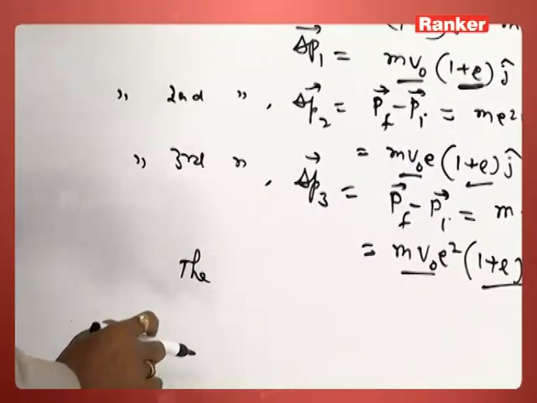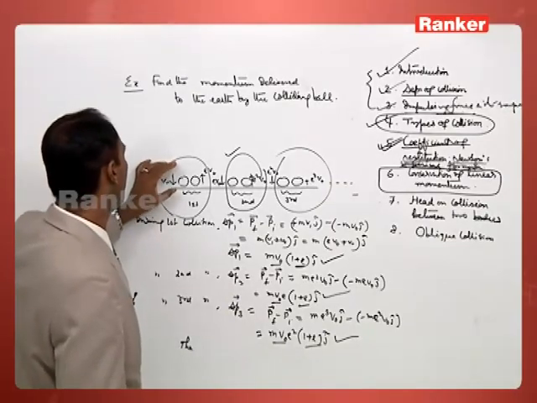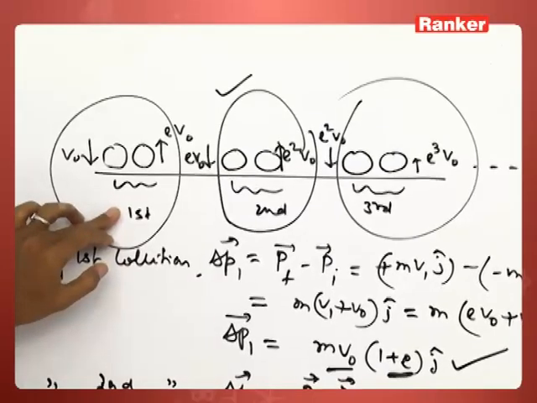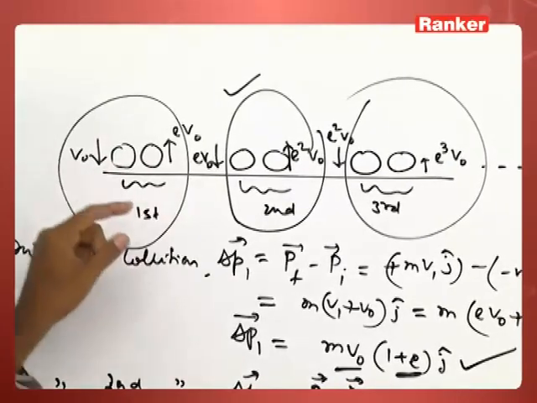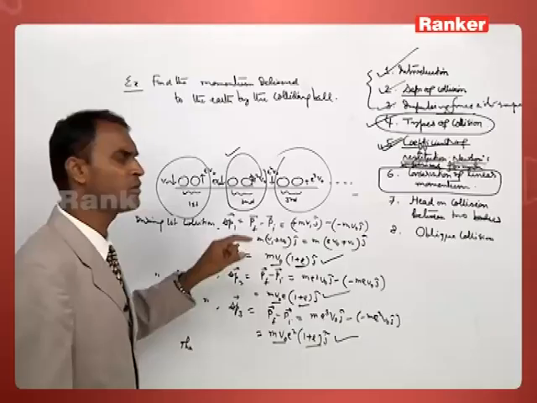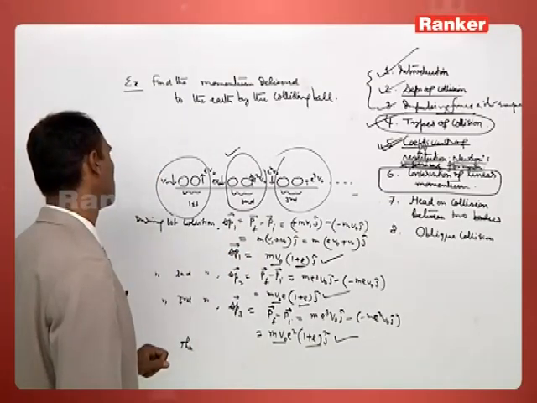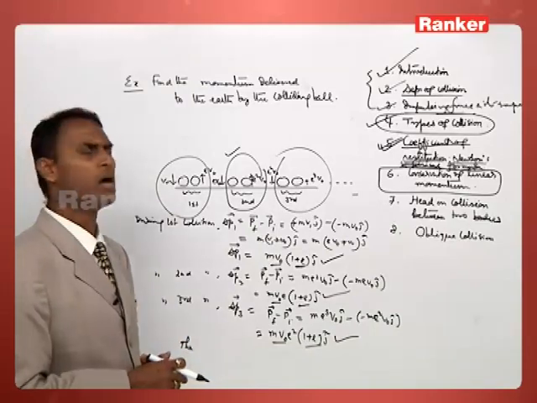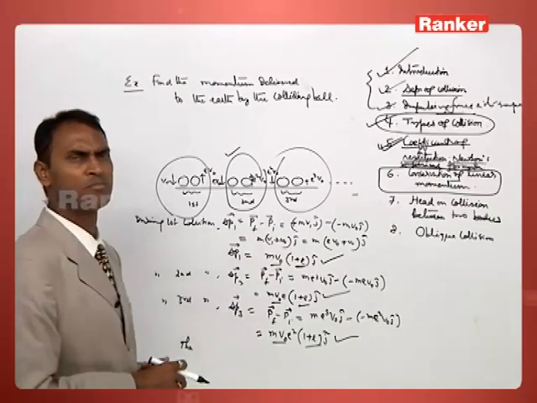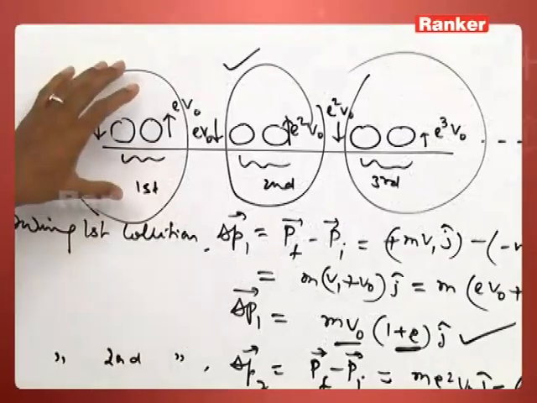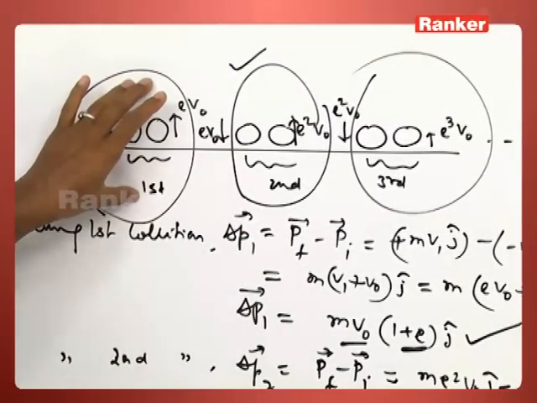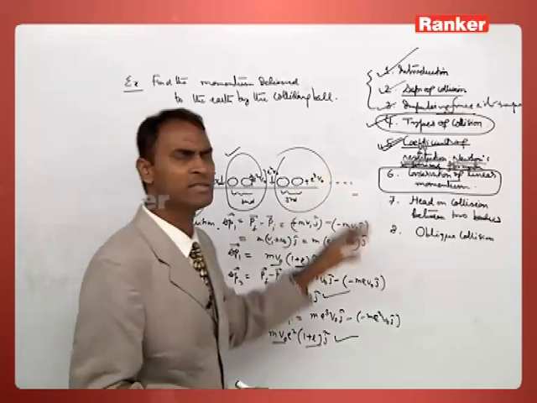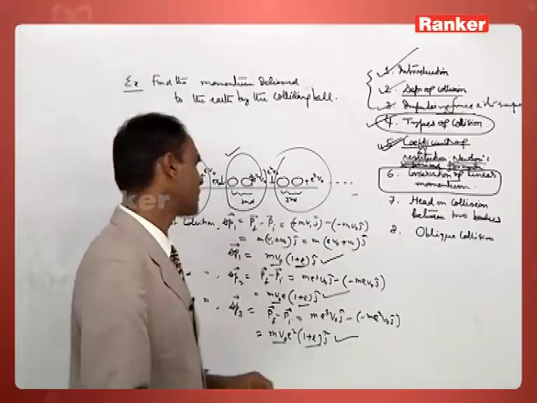The momentum delivered to the earth during the first collision is equal to the change in momentum of the earth during the first collision. Since the earth and the ball form an isolated system, no net force is acting on the earth and ball system. Therefore, we can conserve the momentum of the earth plus ball system. This will be explained in detail in the next context.